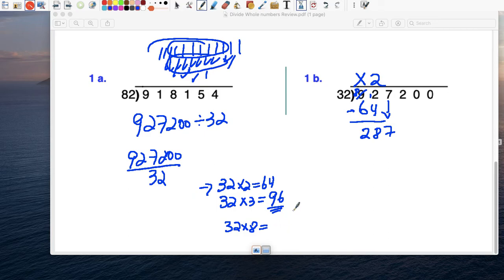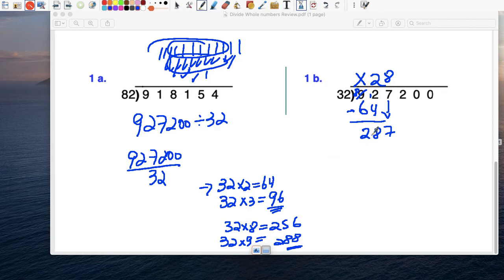You can try, but let us try 8. 32 times 8 is 256. So for sure 8 times. Let me try 9. 32 times 9 is 288. Too much. I only have 287, so it has to be 8. So put an 8 there.